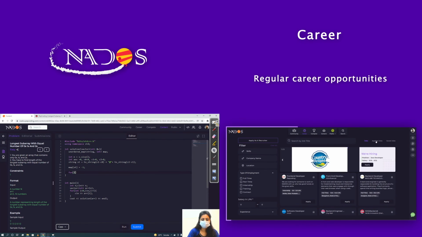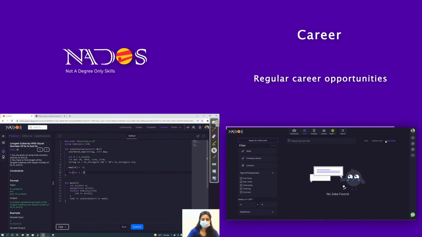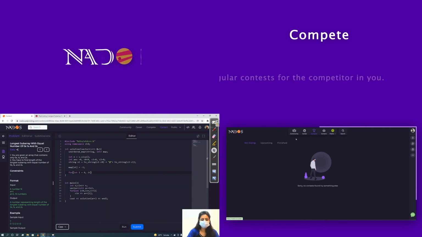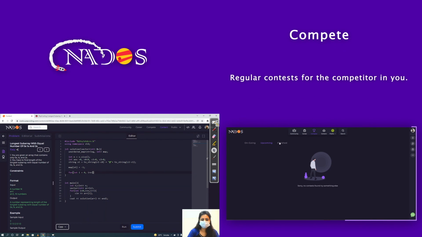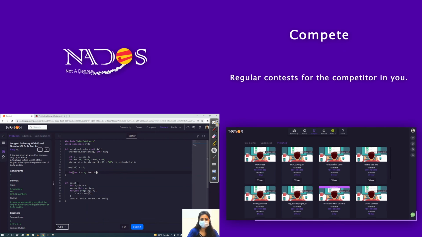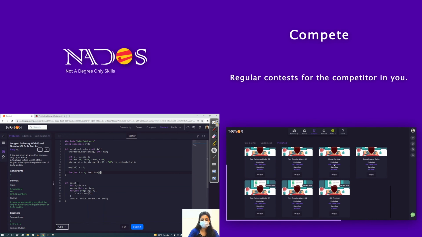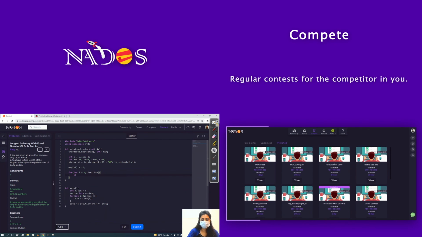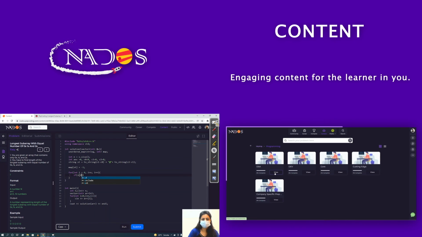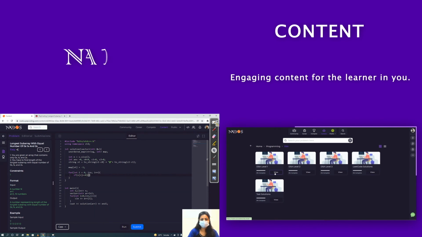Start the loop for int i equals to 0, i less than n, i plus plus. If our vector of i is equal to 0, then what we'll do?